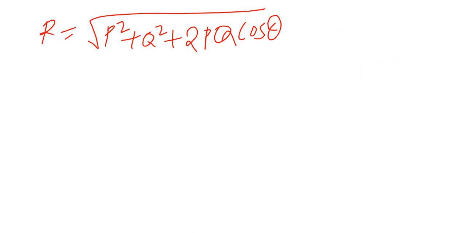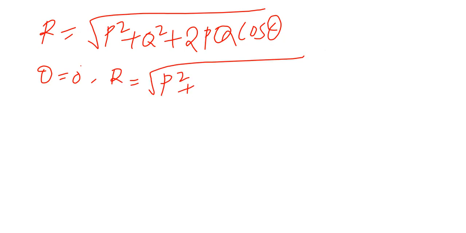So theta is 0 degrees. Then R is equal to root over P square plus Q square plus 2PQ. The value of cos 0 is 1.